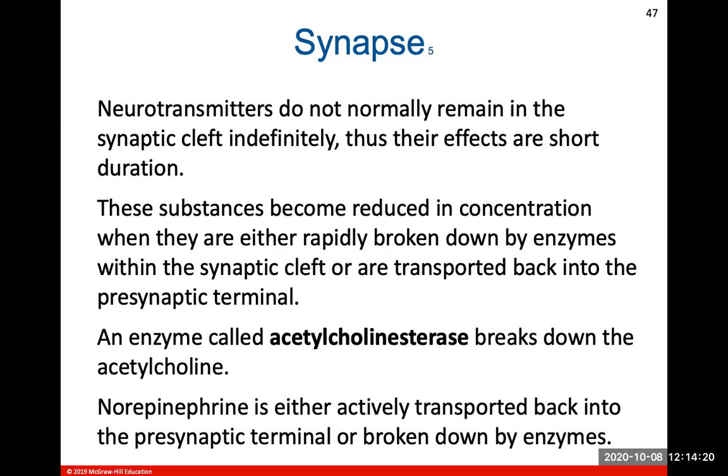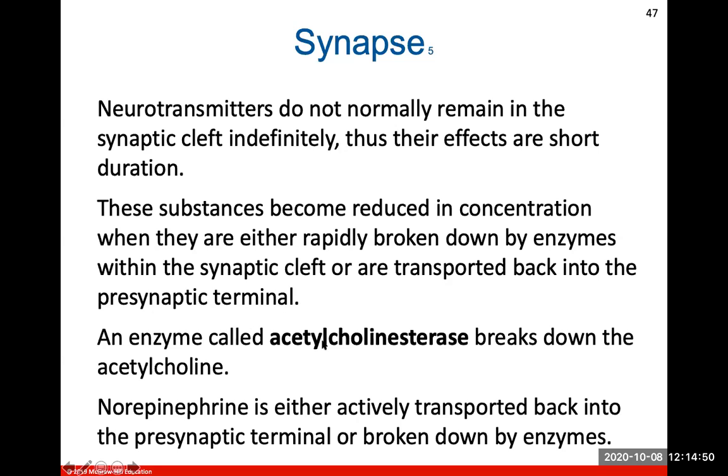Neurotransmitters do not normally remain in the synaptic cleft forever. So you won't have neurotransmitters just hanging out in the synaptic cleft, constantly stimulating a postsynaptic neuron. Their effects will be short-lived, and the neurotransmitters will be reduced in concentration when they're either rapidly broken down by different enzymes, or transported back into the presynaptic terminal where they came from.